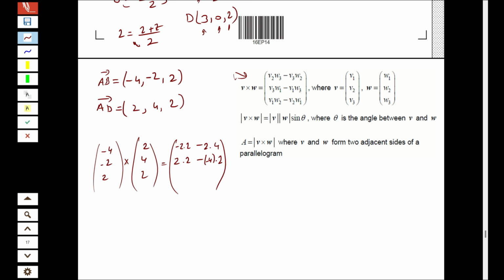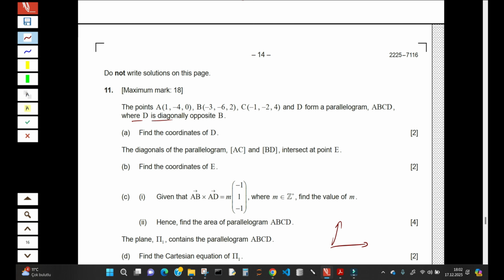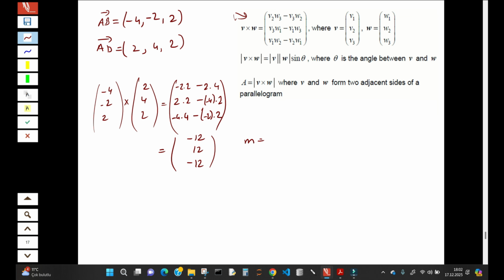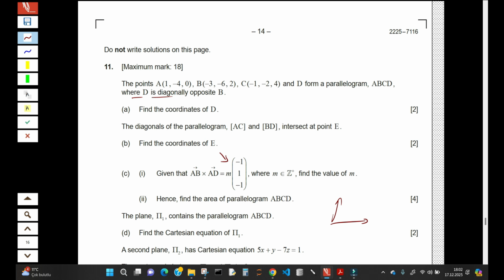At the last row, V1 which is -4 times W2, which is -4, minus V2, which is -2, times W1, which is 2, right? Yeah. So when you simplify this expression, you will see that -4 minus 8 is -12, 4 plus 8 is 12, and -16 plus 4 is -12. Yeah. So the number m is in here. You can say that m is 12, right? Yeah, as you can see in here.